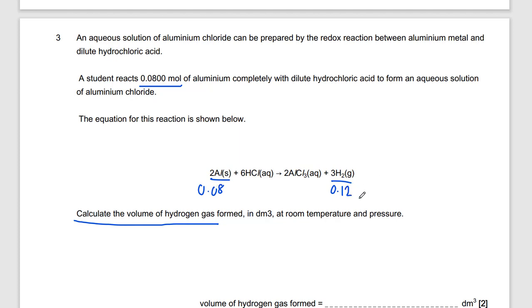Then I'm looking for the amount of gas in decimeters cubed at room temperature and pressure. So remember from last time, the volume equals the number of moles multiplied by, and because I want decimeters, I'm going to multiply by 24. So I need to do 0.12 times 24, and I get 2.88. And that's my answer. There you go.